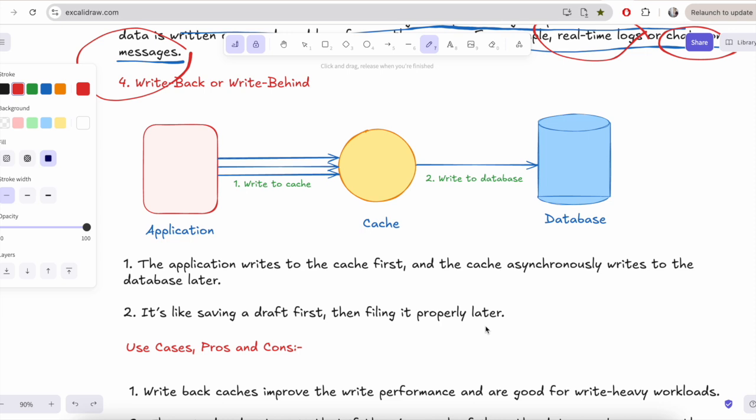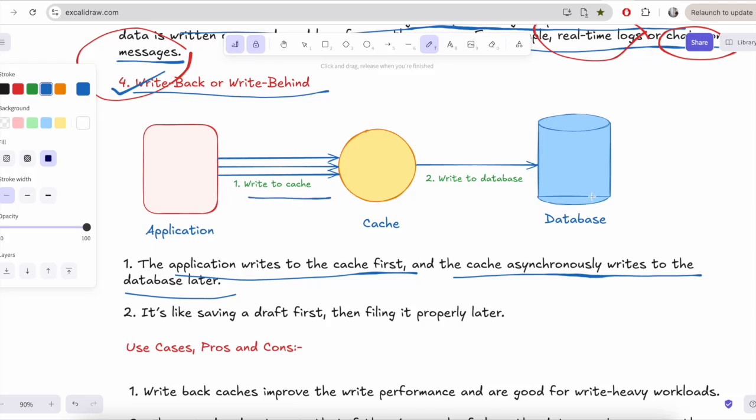So let's move to the next caching strategy, that is write back or write behind. In this case, your application writes to the cache first, and then the cache asynchronously writes to the database later. That means whenever any write is happening, your application will first write to the cache.